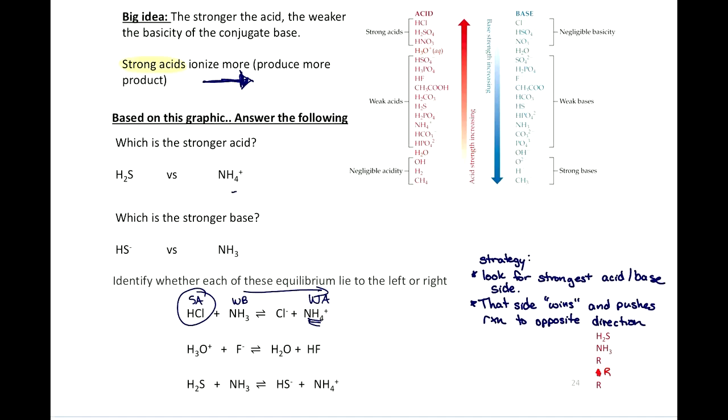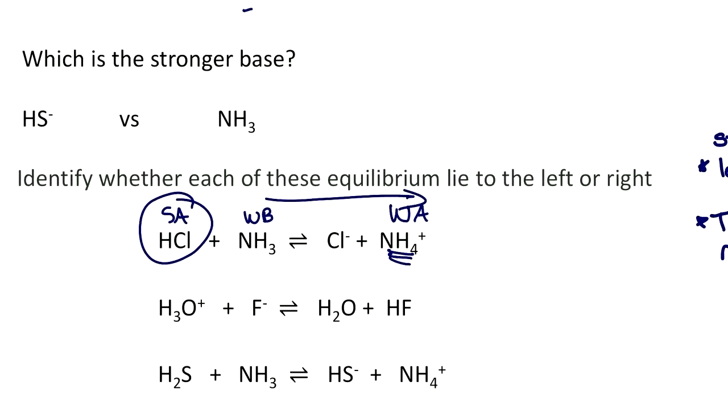Look for the strongest acid or base, and the strongest thing always wins. So that was for the acids. I compared the acids here, HCl and ammonium. Those were the two acids. That means ammonia and chloride are the bases. So ammonia is what kind of base? A weak base, all right? And then chloride is the conjugate of HCl.